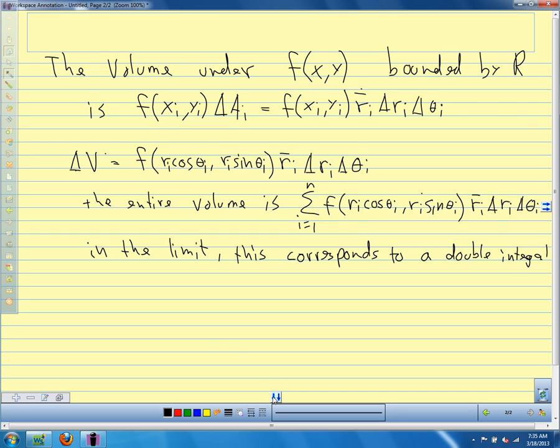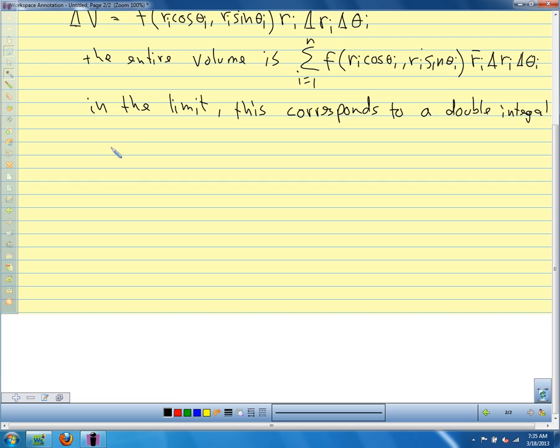So we're going to say that the double integral over our region of f of xy dA is approximately the sum that we just talked about, i equals 1 to n, of our function in polar coordinates.